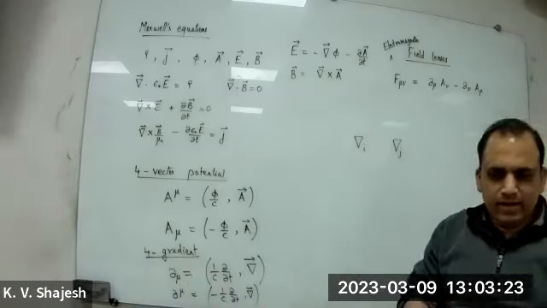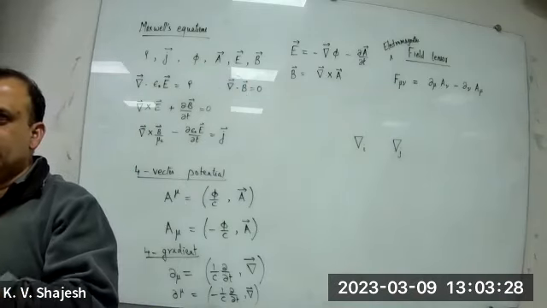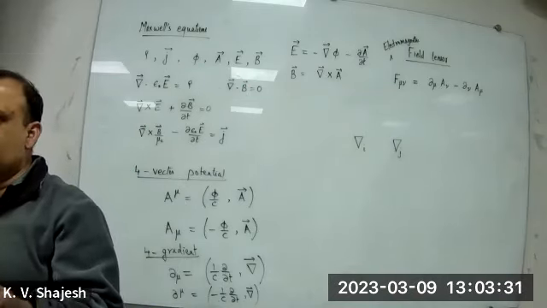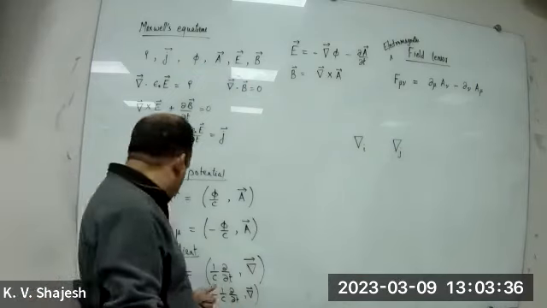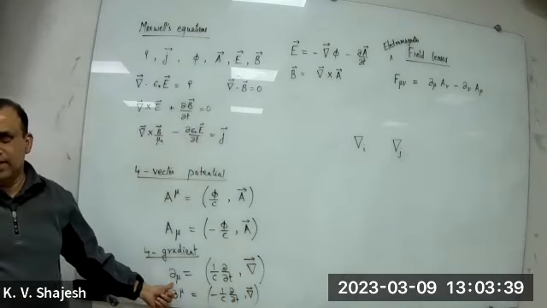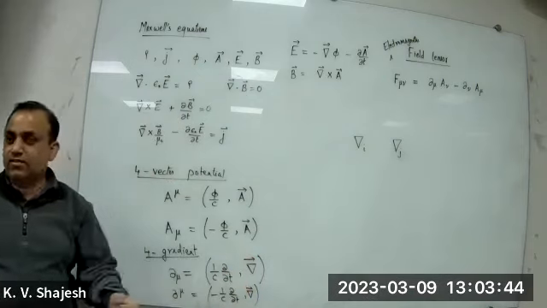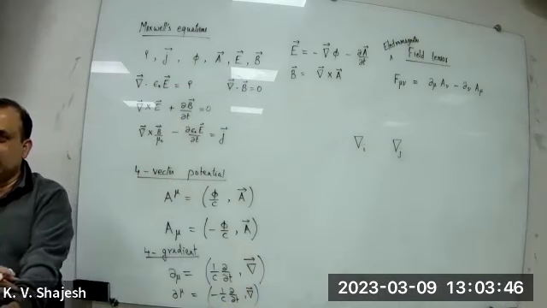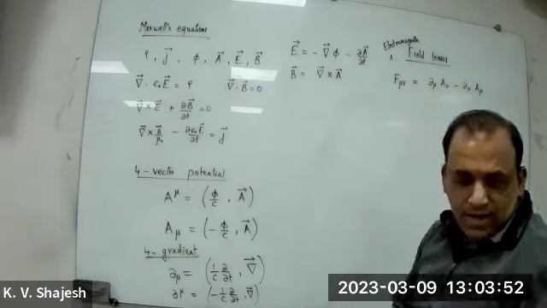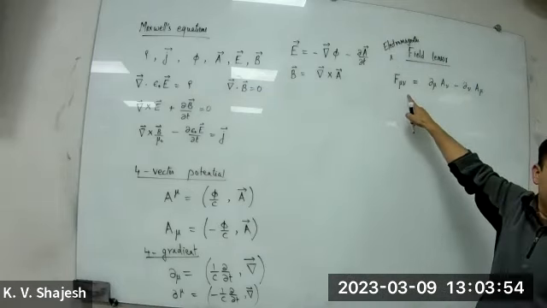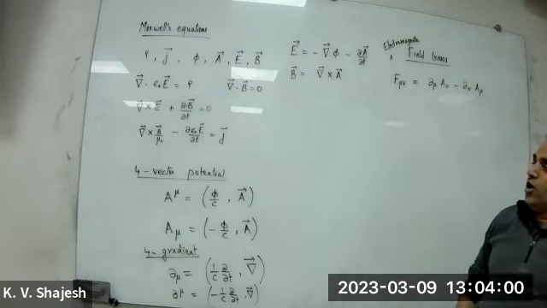Remember, we have been using Greek letters running from 0 to 3, and Latin letters i, j, k for spatial components. I could have chosen mu, alpha, or beta, anything, as long as the free index on the right side is consistent. And this means that there are two free indices here. Mu is free, nu is also free, correct?